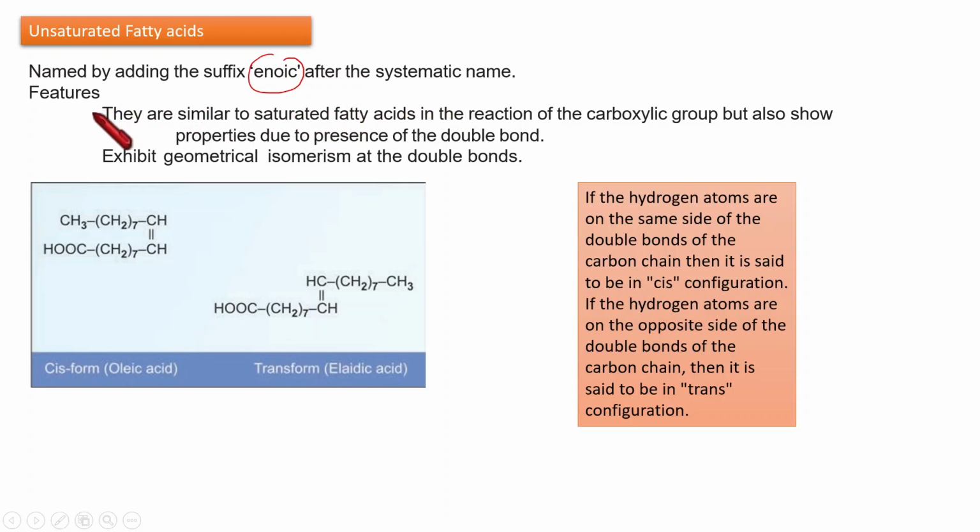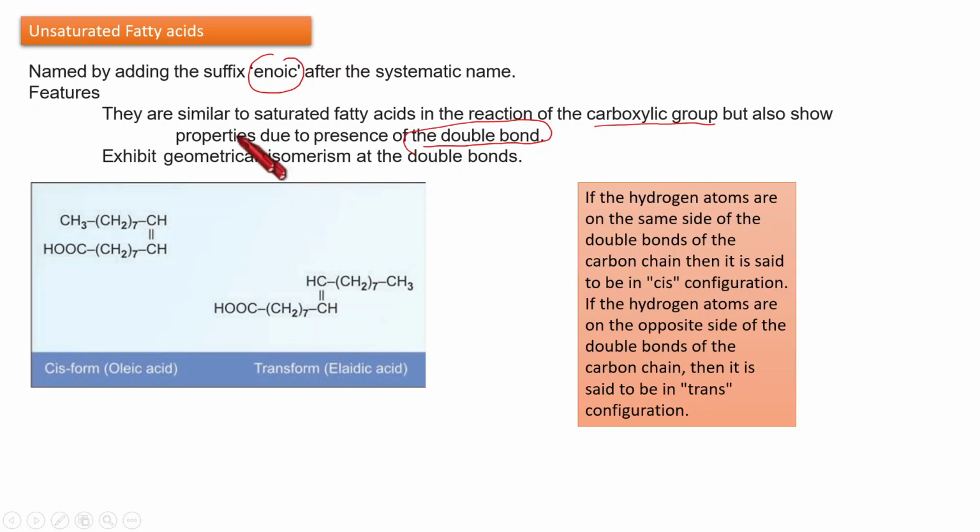The chemical reactions shown by unsaturated fatty acids are the same as those of saturated fatty acids because they both contain the carboxyl group. Both show the same type of reaction, but some difference exists between them because of the presence of the double bond.